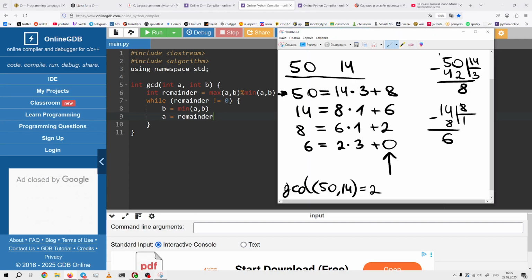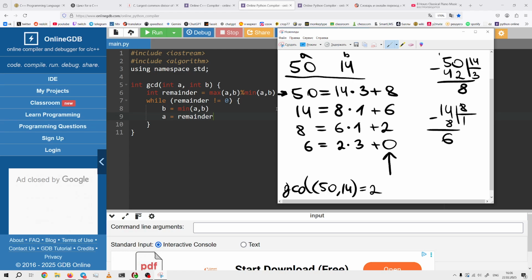Okay people, look, on this step, we see our remainder is non-zero, and we change our two variables. We change a, let me write, this is a and this is b.